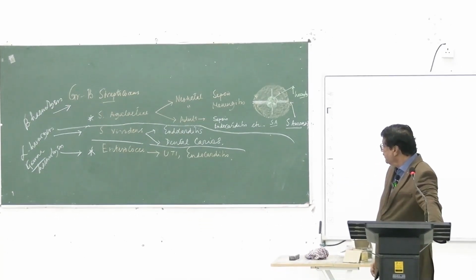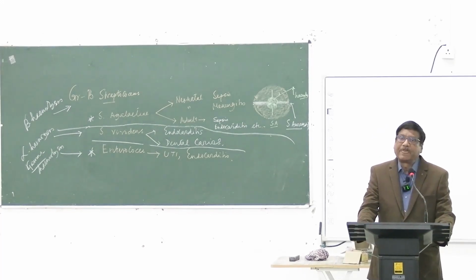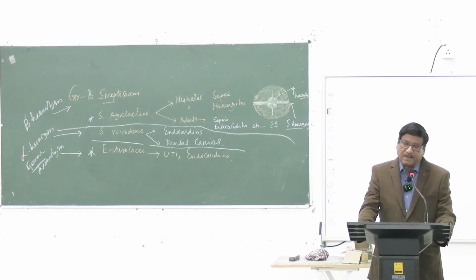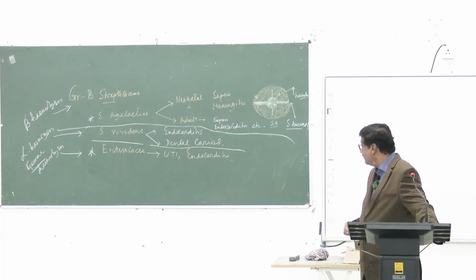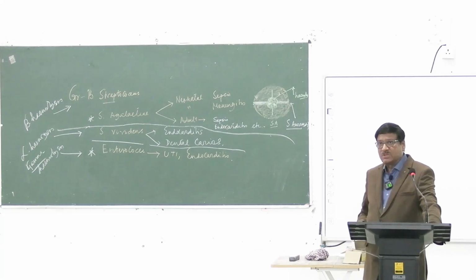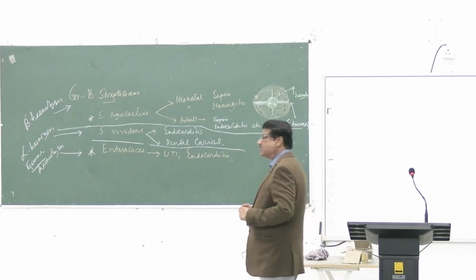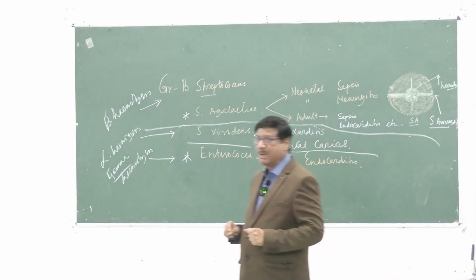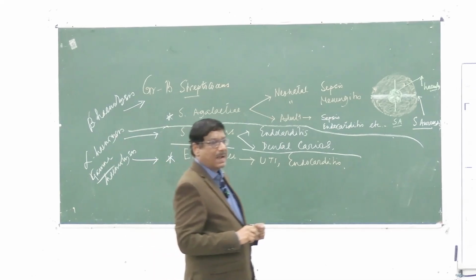Streptococcus viridans is alpha hemolytic, and very recently an increased incidence of endocarditis has been noticed with this particular group of viridans streptococci. They are mostly associated with dental cases, dental extractions. Many species have been identified, such as sanguis, equis and mutans.